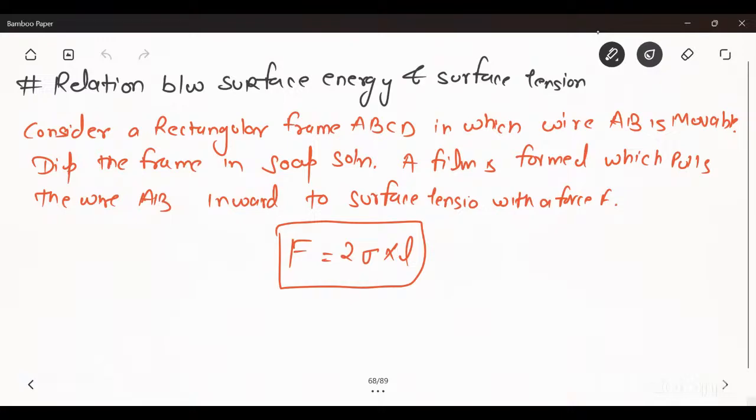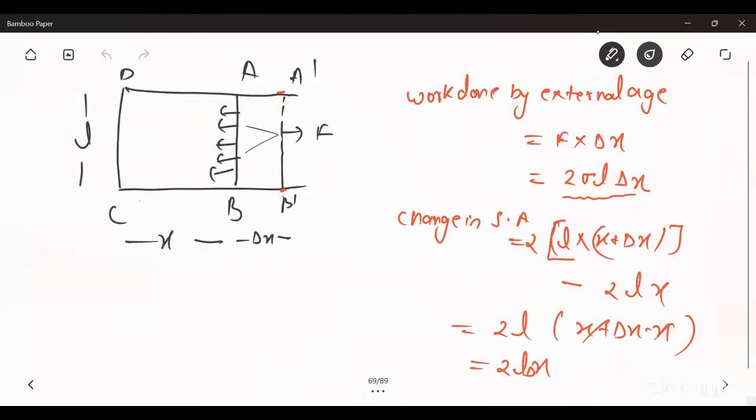The film pulls AB downward due to the surface tension, because the property of surface tension is to minimize its surface area. But if we apply a force and increase its distance from x to x plus delta x, by taking the wire AB to the position A'B'.